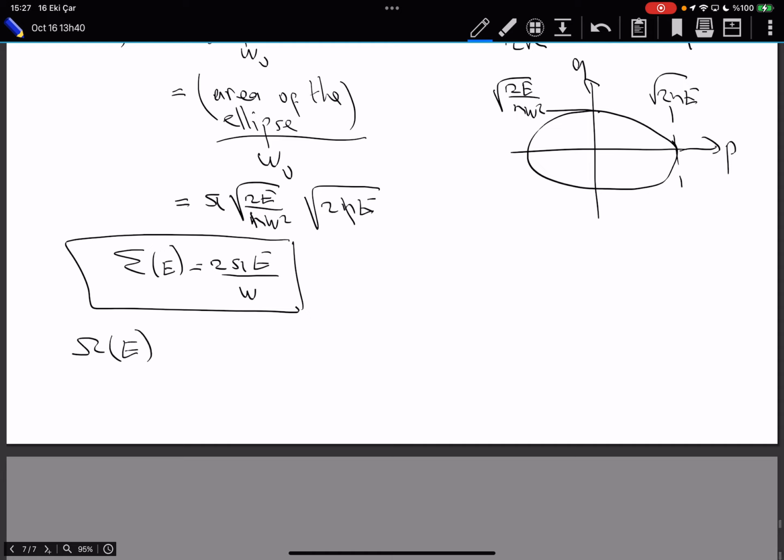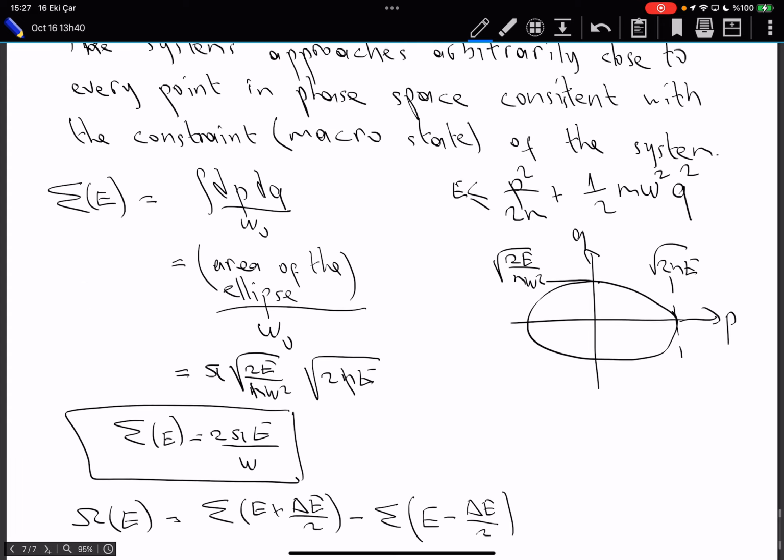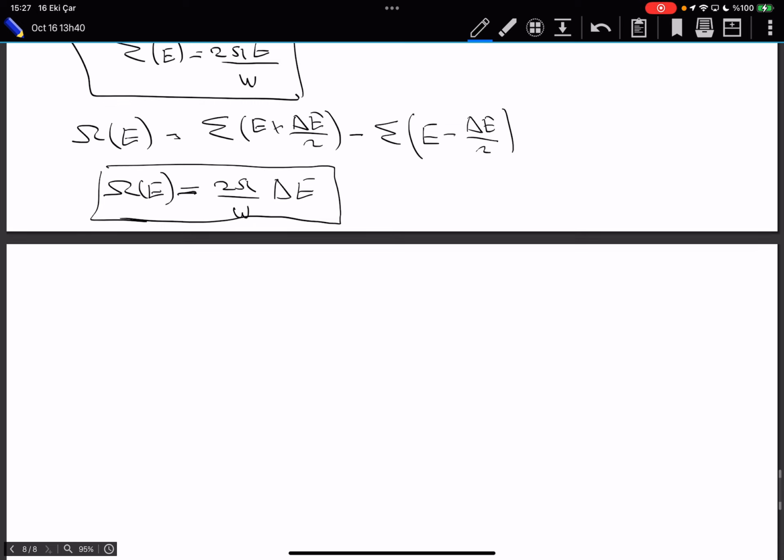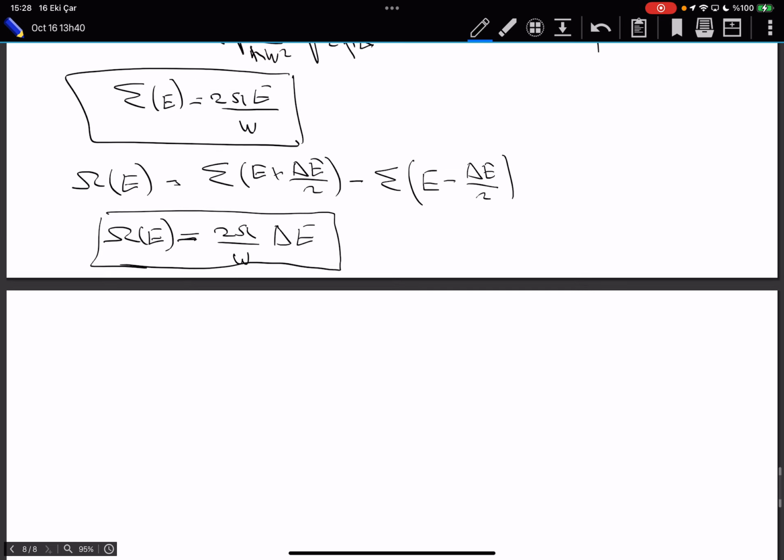The number of microstates in this case will be sigma of E plus delta E over 2 minus sigma of E minus delta E over 2, which will be equal to 2 pi over omega times delta E. For the harmonic oscillator, if you look at the quantum mechanical system, energy is h bar omega times n plus 1 over 2.